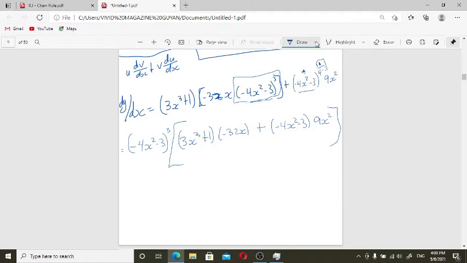So this is equal to minus 4x squared minus 3 cubed. Now this is where you have to expand out your brackets. So 32 multiplied by 3 is going to be 96, paying attention to not only your values and your symbols, but also the powers.